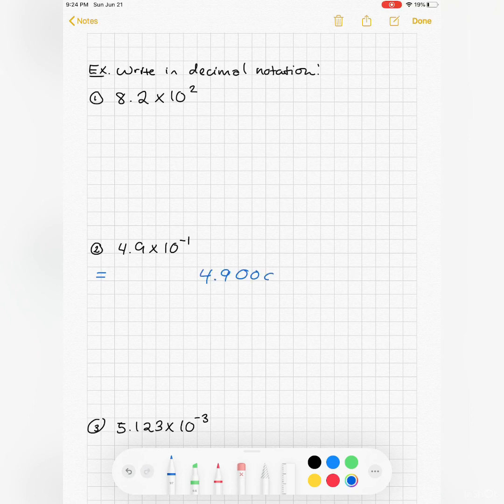I can put zeros on either side of this. 10 to the negative 1 means I move the decimal one place left. I skipped number 1, we'll go back to that. So my new number is 0.49.